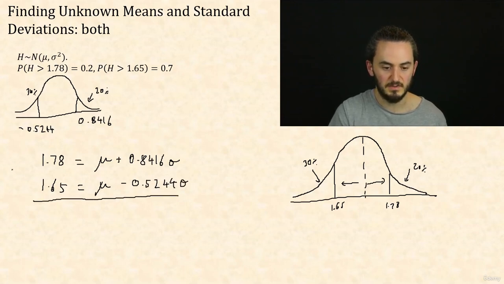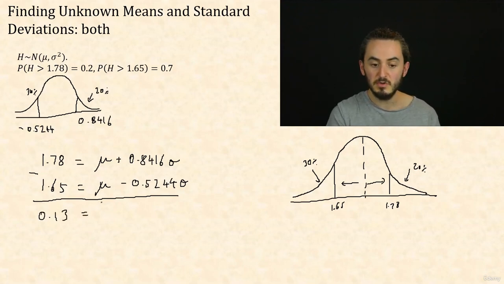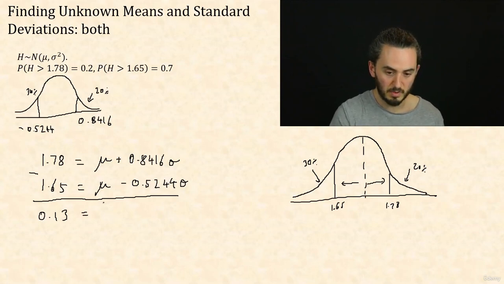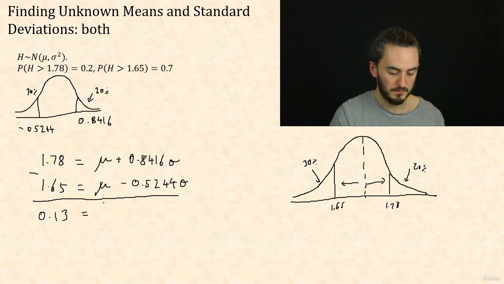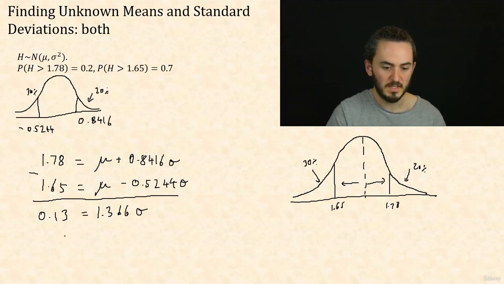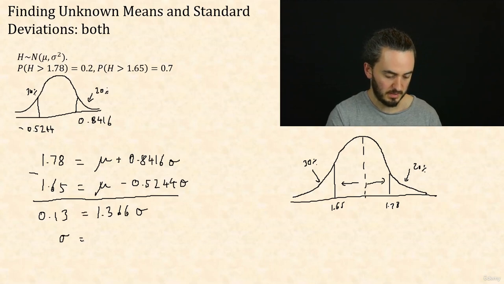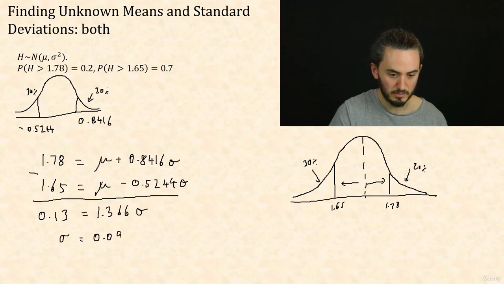Solve this as we did the others by subtraction, so that minus that is 0.13, 13 centimetres. The mu's cancel, and we've got 0.8416 minus minus, so plus 0.5244 standard deviations. Gives me 1.366 standard deviations. Okay, so I get a standard deviation of 0.13 divided by 1.366. So my standard deviation, they asked for 3 decimal places, is 0.095.